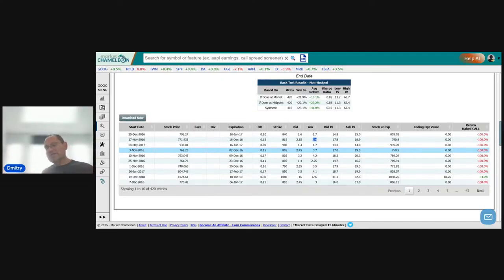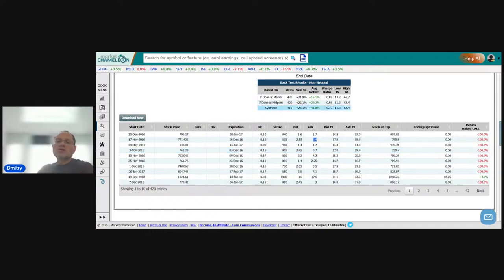Because you paid more money in the beginning, so you need it to go up higher. If you did the midpoint, it's better. So we compared both of them, so you could see the potential difference in returns, win rates, and the slippage inside the spread of the option.